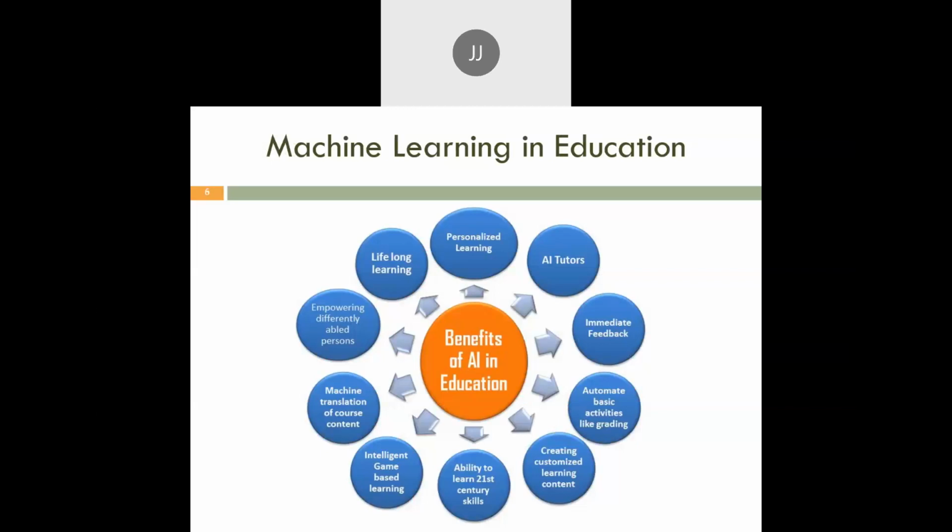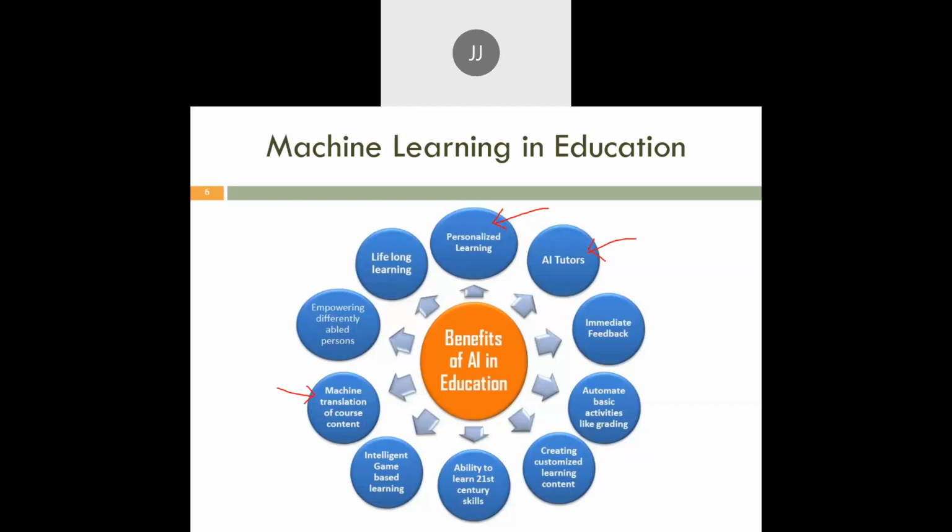So first we looked at smart farming, then smart healthcare, and next there are also some applications used in education. Like personalized learning based on how fast we learn, and machine translation of course content, which is more on bilingual or multilingual translation. We also have the AI tutor.